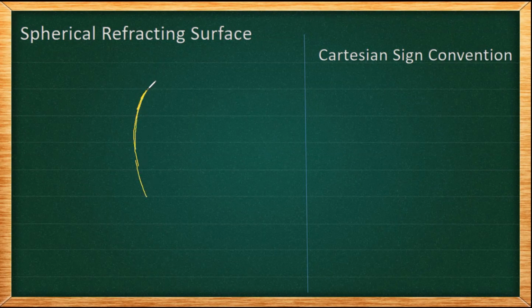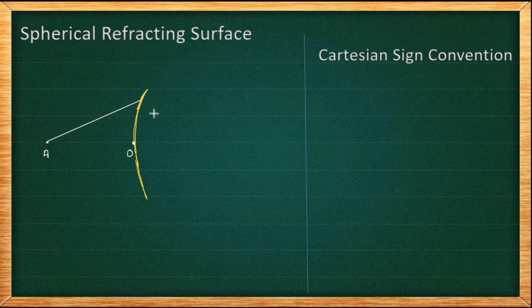Okay, so for example, we have this surface here, and then we have a point A here, the location of your object, and this we label as point O as the origin or the optical center. Say for example, we have an incident light. Okay, we have an incident light at this point.